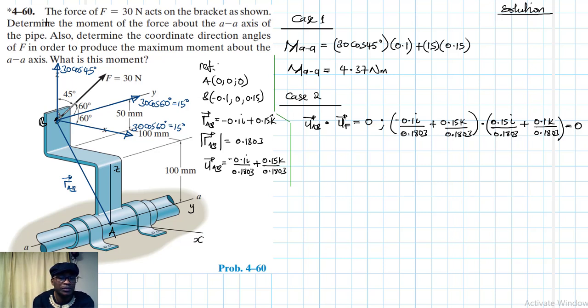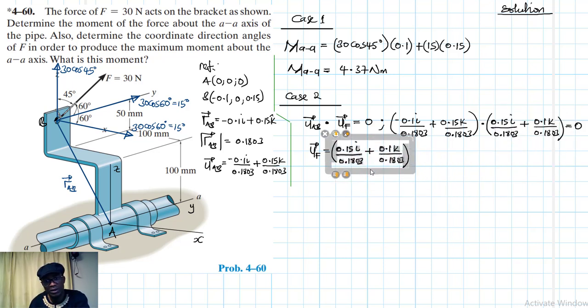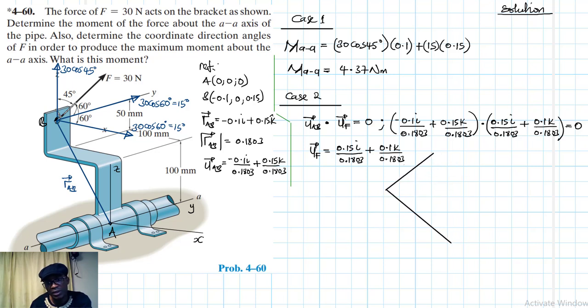We know that, of course, our UF, like we said, is just this. Okay. Just that, right? It is just that. Okay. Remember where we got this concept? We said when you have two lines, you have one line like this, and you have another line like in our case, and you're saying they are perpendicular to each other.